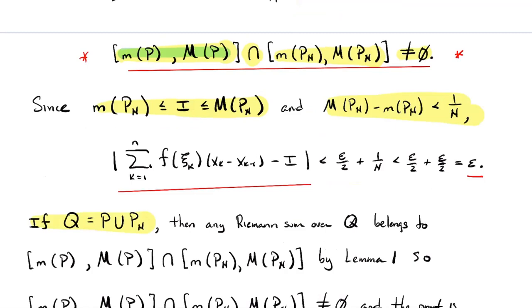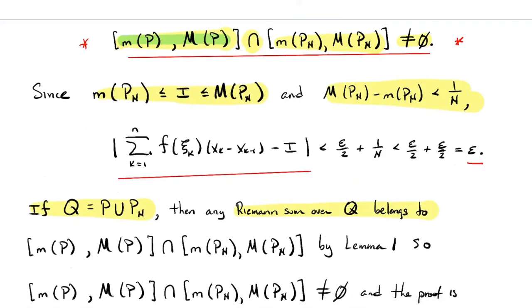Okay. Then if you take any Riemann sum over Q, I claim that it belongs to both of those intervals above by Lemma 1, right? Because Q is a refinement of P. So that means that the lower sum for Q, little m sub Q, is at least little m sub P, and the upper sum is no more than capital M sub P, right?